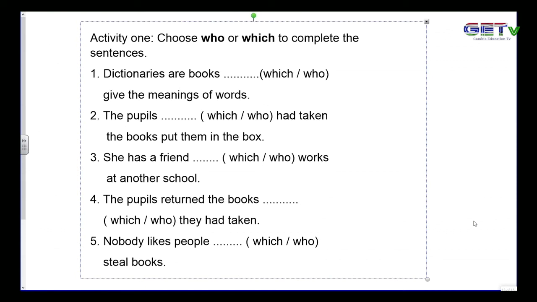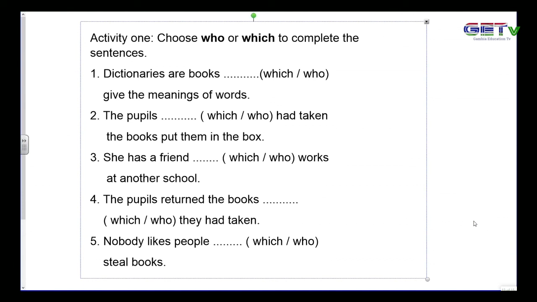And we have which or who. Which one is correct here? We take which for what? Things. Dictionaries are books which give the meanings of words. The correct answer, we say which. Let's put it in the blank space and listen. Dictionaries are books which give the meanings of words.